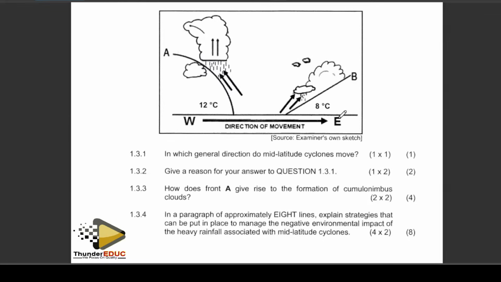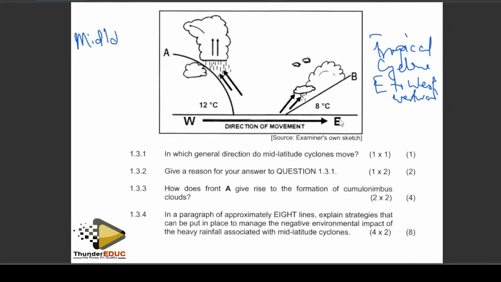A tropical cyclone moves from east to west, or it moves westwards. That is a tropical cyclone, but that is not our question. Just for clarity, a tropical cyclone is from east to west or westwards. But a mid-latitude cyclone, the one in the question, is from west to east or is eastwards.